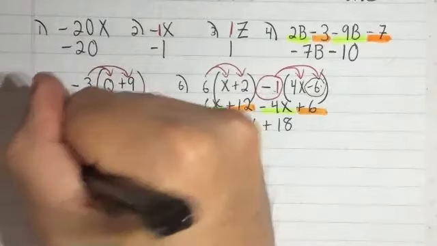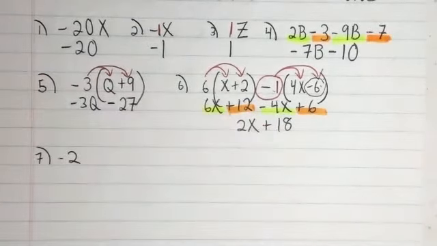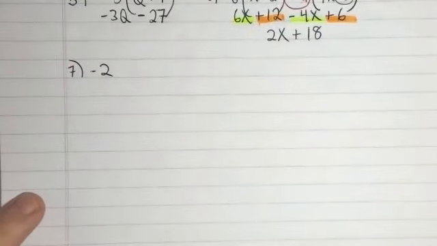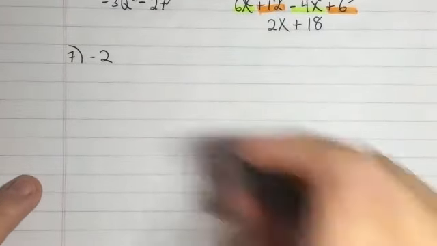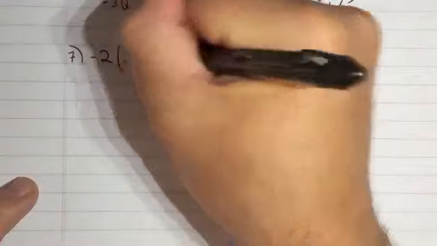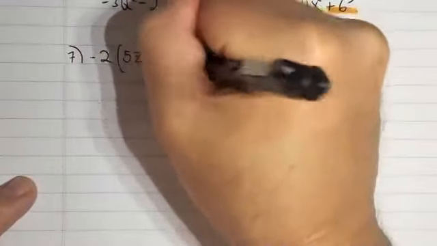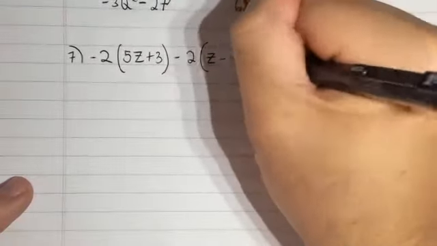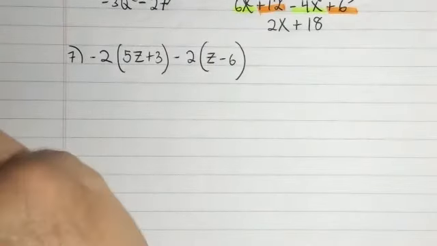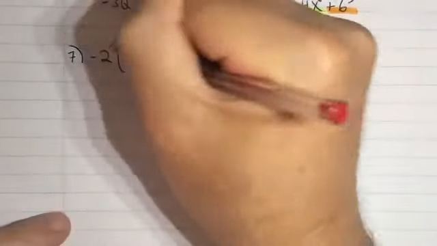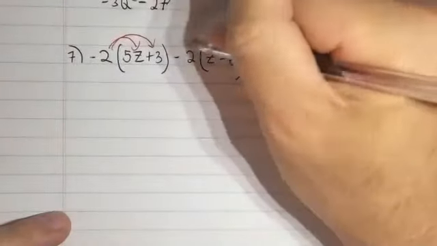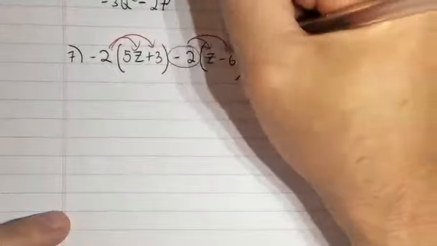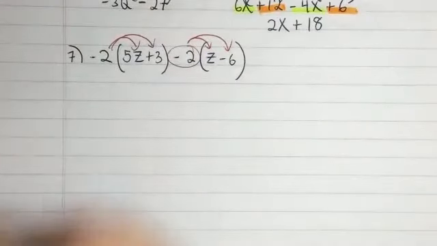Let's try one more example similar to that. It's going to be the same type of problem. So once again, I have to distribute there, and again, I'm distributing the whole negative 2 value both places.